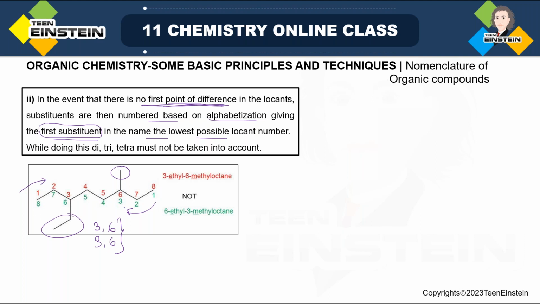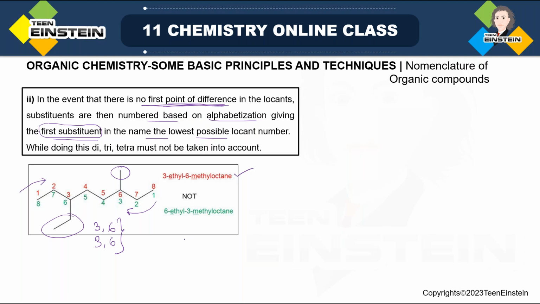So in both cases, there is no first point of difference. Now, how to choose? If both the substituents are same, there is no question of alphabetical order. Suppose both are methyl, so it doesn't matter from which side you are moving. But suppose the substituents are different. In that case, here we are giving preference to this red one, because just forget about 3 and 6.